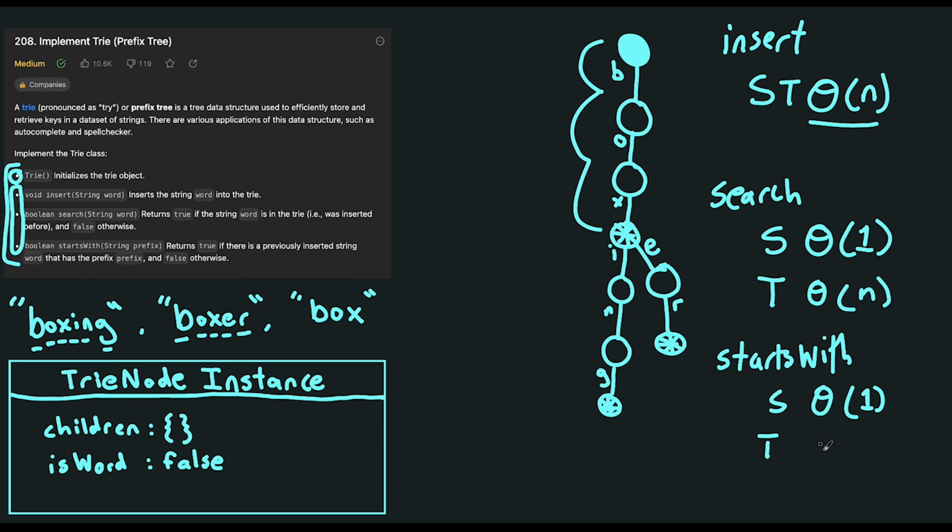It's just 1. And then the time complexity is big O of n, because we are traversing through the tree n amount of times, the prefix length amount of times, to see if that prefix exists in the try.